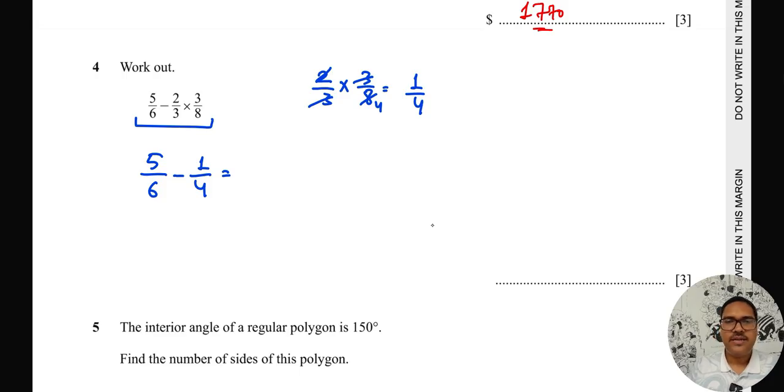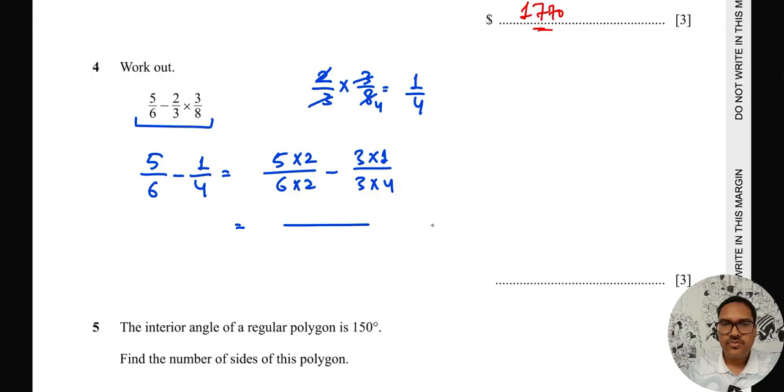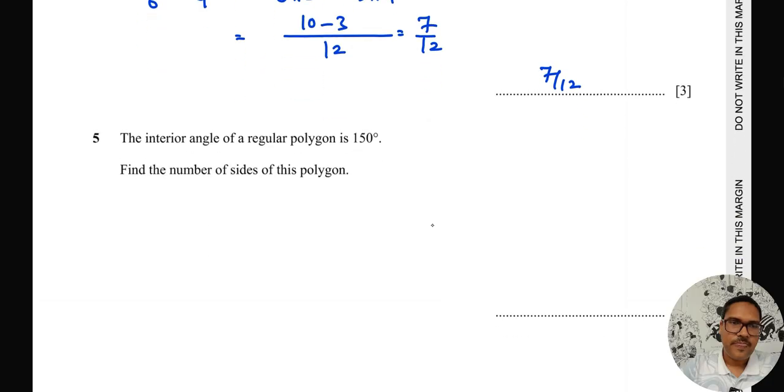Take the LCM: 5 multiplied by 2, 6 multiplied by 2, minus 3 multiplied by 1, and 12 multiplied by 1. I have made both denominators 12, the LCM. So this is 10 minus 3, which is 7 by 12. So 7 upon 12 is the answer for this question.